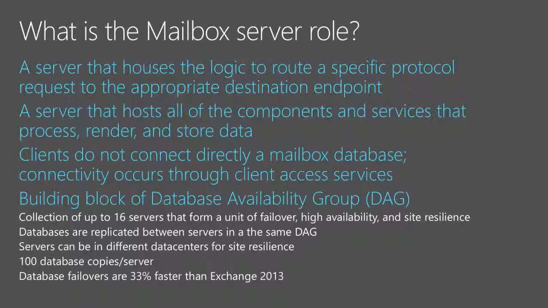And for those of you keeping track, database failovers were already 50% faster in 2013 than they were in 2010. So as you can imagine, when we started in 2010, we had this concept of 30-second failovers, which was really 20 seconds is what we were seeing in Office 365 and dog food. We got that down to about 15 seconds in Exchange 2013, and now we're looking at about 10 to 12 seconds in Exchange 2016 on comparably sized hardware.